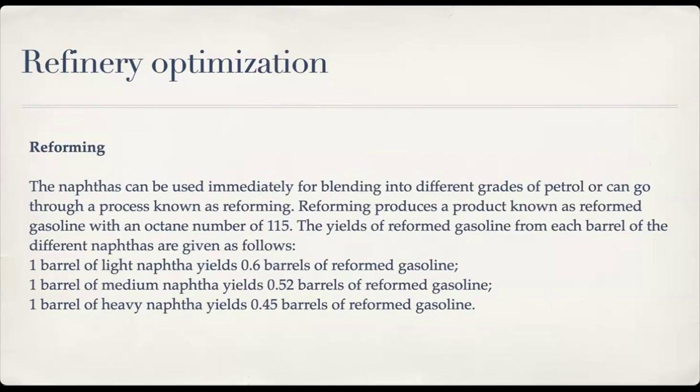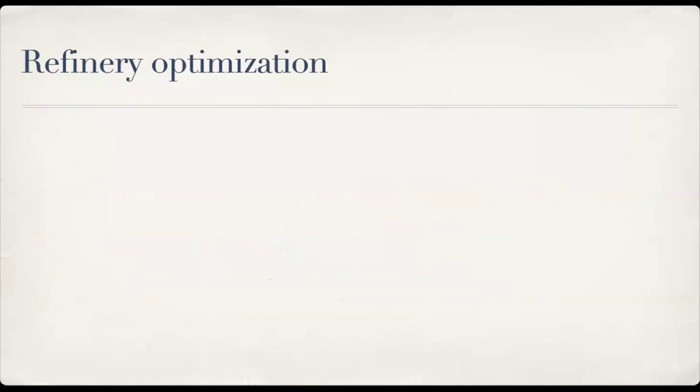No matter whether you send light, medium or heavy naphtha, it is changed to reformed gasoline, the same product. Of course, different inputs give different yields. The octane number of reformed gasoline is much higher than that of light, medium and heavy naphtha.